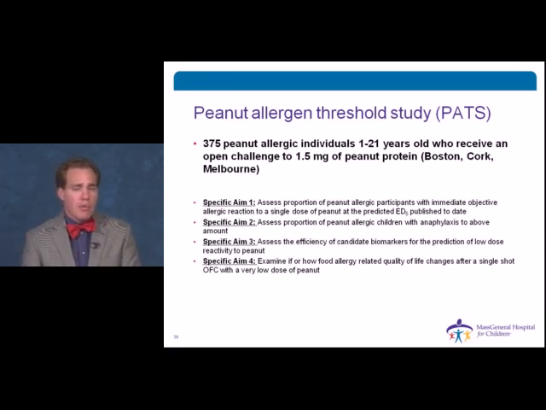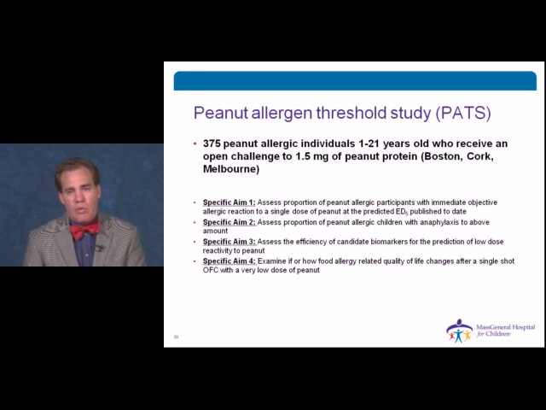So we have one study that we're participating in to help address this sort of question. It's called the Peanut Allergen Threshold Study. We're recruiting almost 400 allergic individuals in the pediatric age range. It's a multi-center study here in Boston, in Ireland, and in Australia.